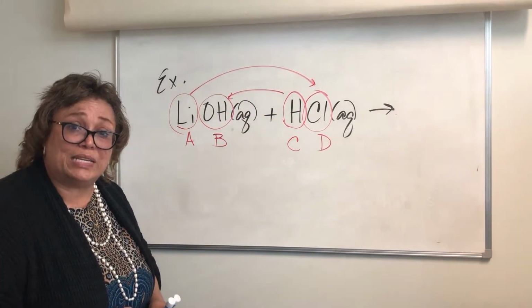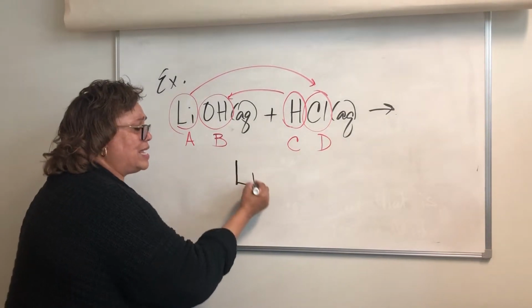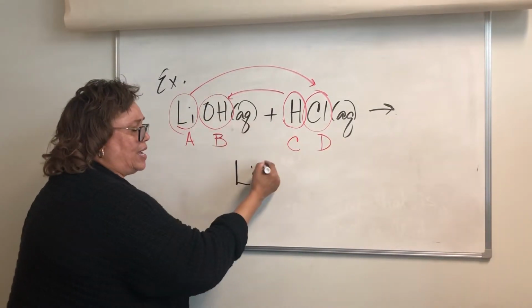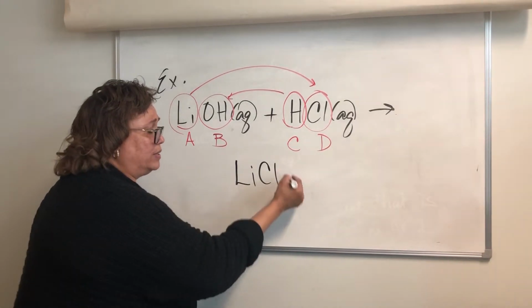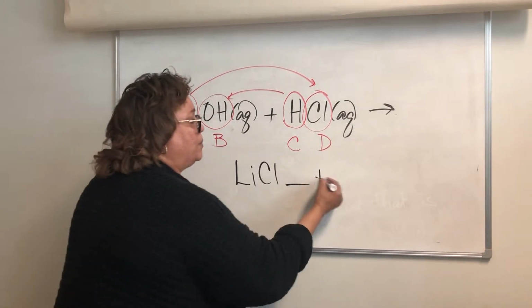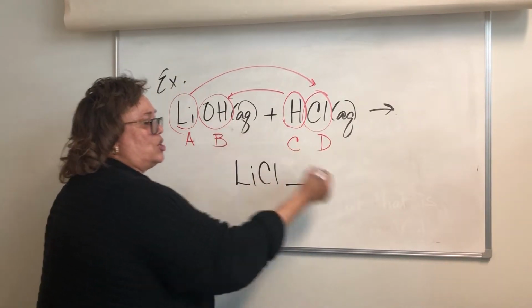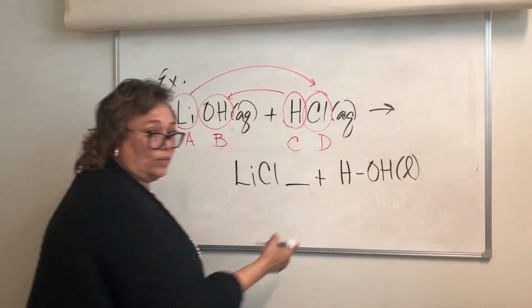And same as we did before, with all of our double displacement reactions, just say the names. Lithium chloride. So you can just write that out, because you know that's a +1, -1. You don't know the state yet until you reach your solubility table. Plus you have this H and the OH. So you can just write it like that, and you know that's water.